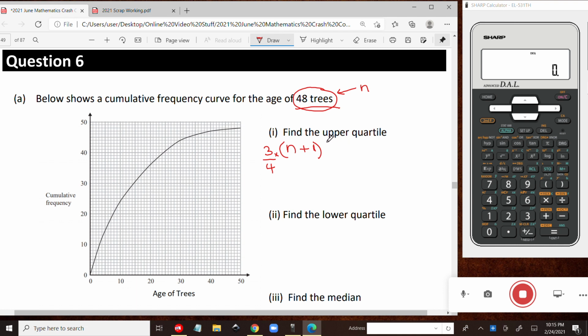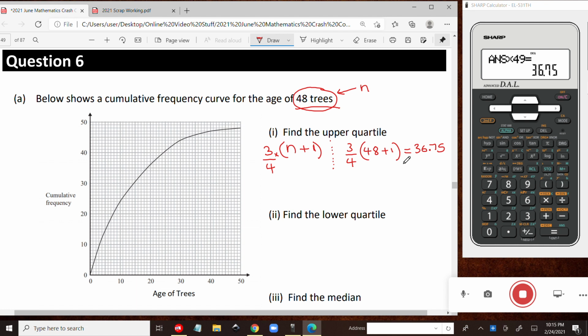I have limited space here, so I'm just going to draw a dashed line. 3/4, and how much is n? n is 48, so it's 48 plus 1. Let me go to the calculator: 3 divided by 4, that's 3/4, multiplied by 49, because 48 plus 1 is 49. When we do this, we get 36.75.